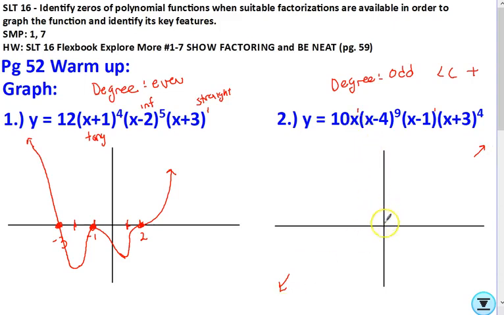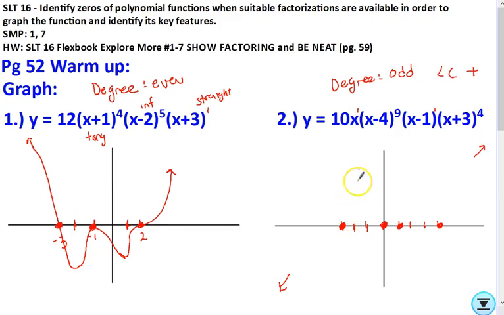I have a root at 0, at 4, at 1, and -3. Okay, so I got my scale. I got 0, 4, 1, and -3.